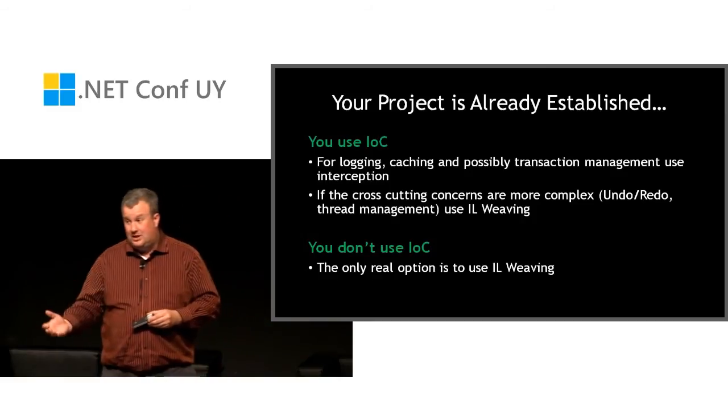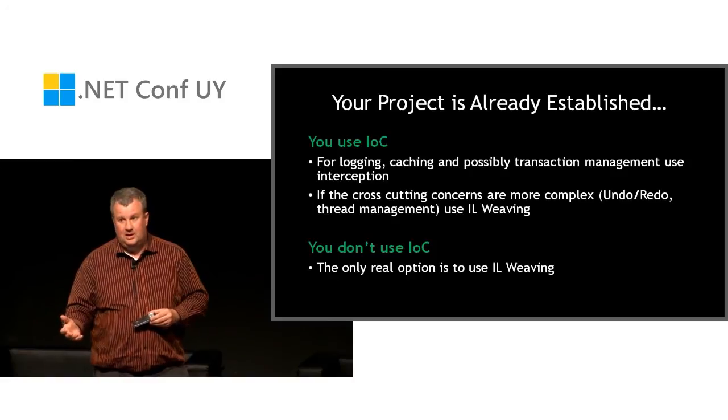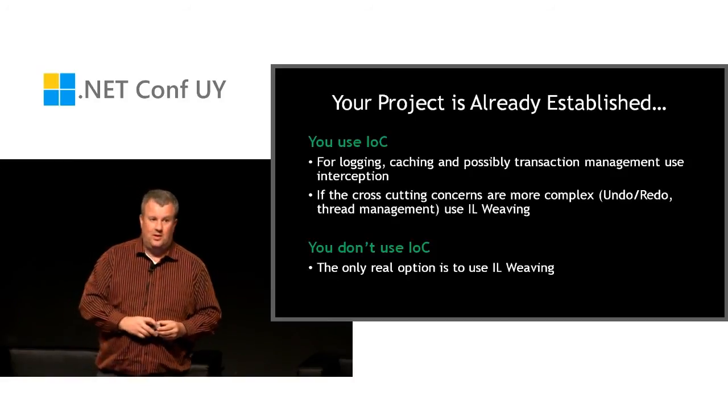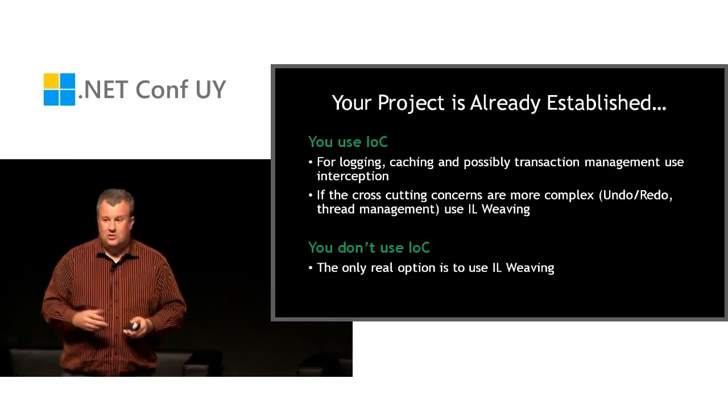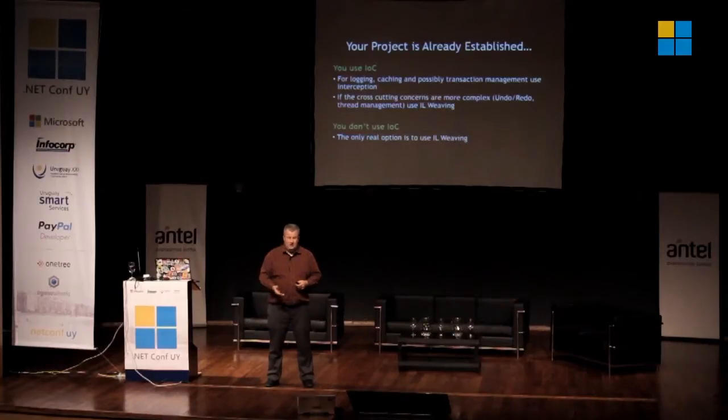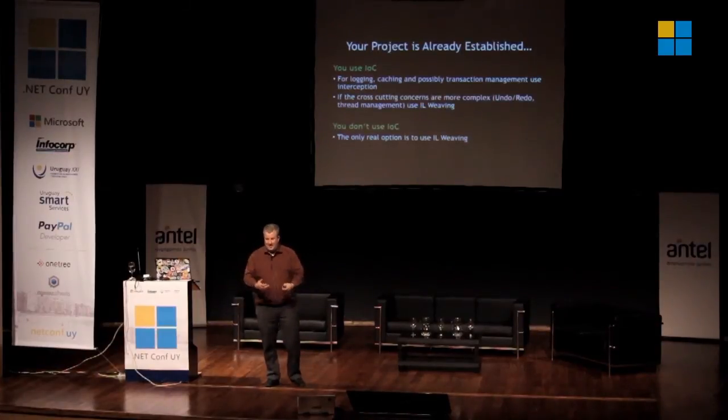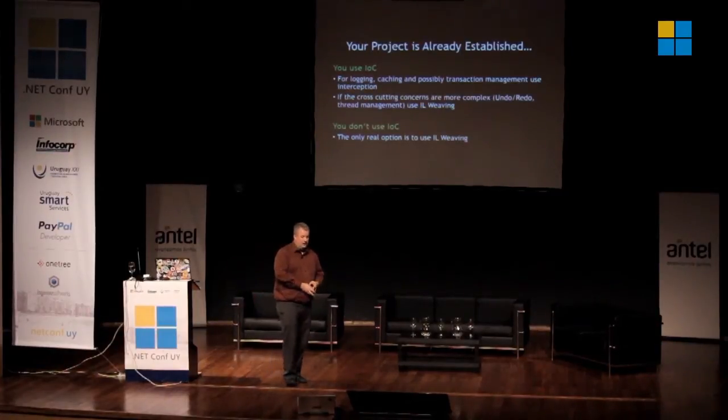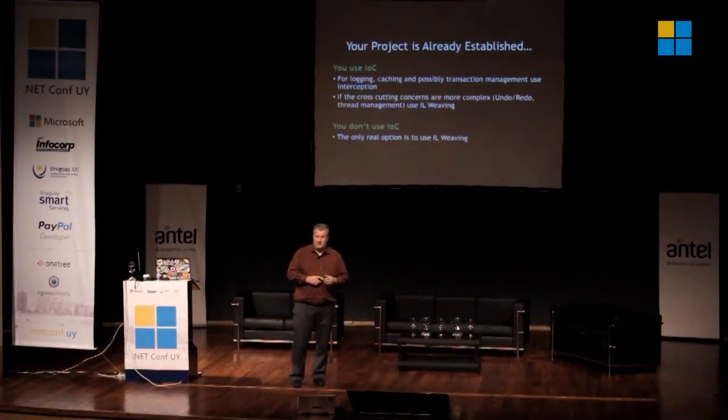If you have IOC in the code base, it's really easy, as long as what you're trying to do is a decorator pattern. So if you're trying to do something like add INotifyPropertyChanged, you're not going to be able to do that with the decorator pattern. Decorator pattern won't let you add the interface. It won't let you add the method calls, the events, all those things. So it's for simpler AOP scenarios.